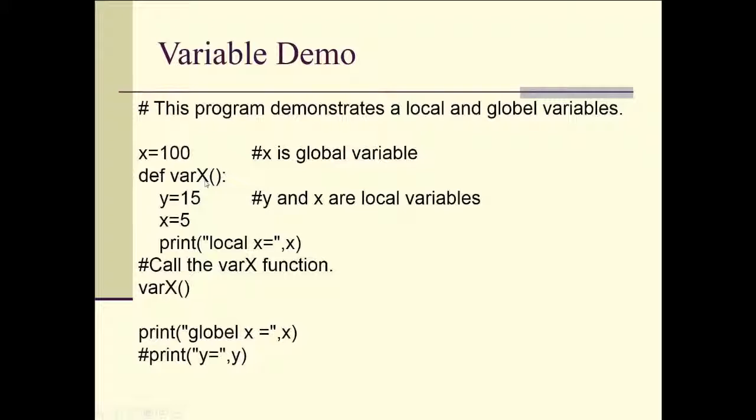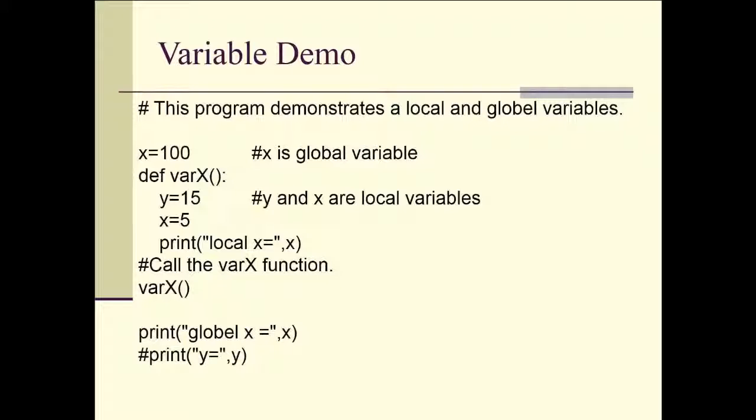Notice I'm keeping to the naming rules, but it's telling me it's a variable x, and it has empty parentheses, colon, and I have y equals 15, x equals 5, and we're going to print x. I'm not going to bother with printing y. And then I'm going to call that function forward in this var x here. Then we're going to print a global x.